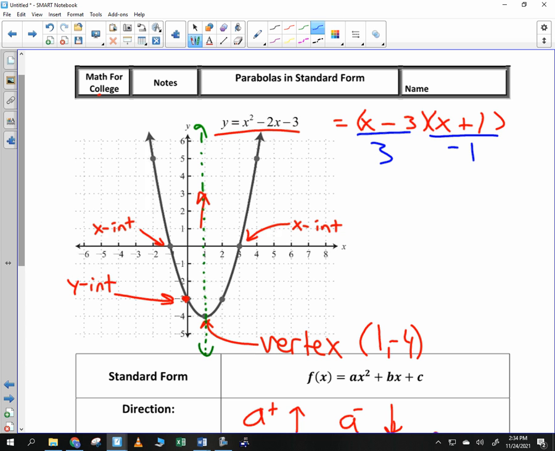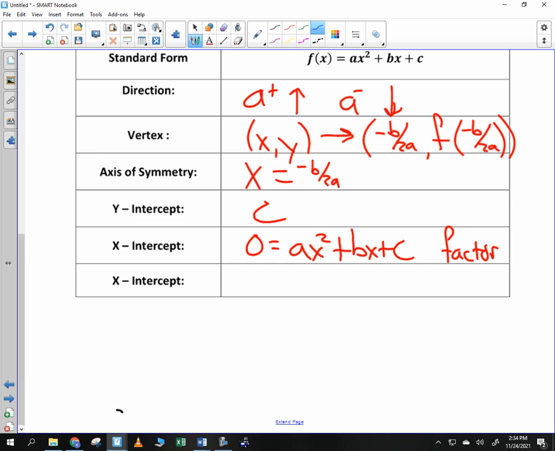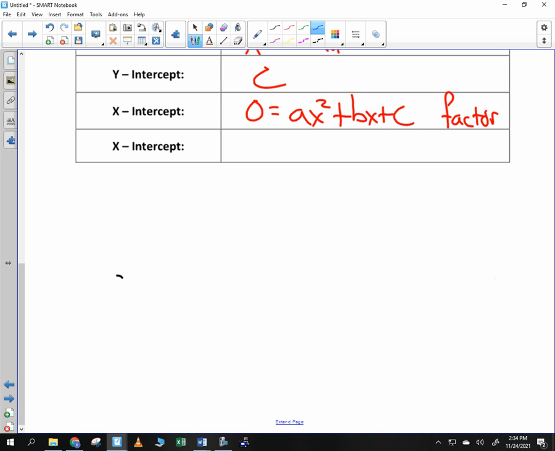So look at where it crosses the x-axis. +3 and -1. See that? So factoring tells us the location of those x-intercepts. If it doesn't factor, then we have to do something else. We have to do -b plus or minus the square root of b squared minus 4ac, all divided by 2a.